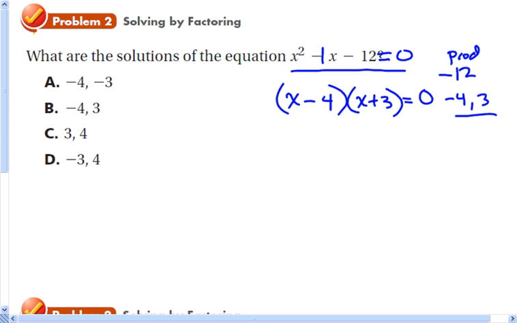Well, now that we've written it like that, we can see that x equals 4 to make this factor equal to 0. And we can see that x equals negative 3 to make this factor equal to 0. And so by the zero product property, if x is either that or that, then this product equals 0. So our answer is D.